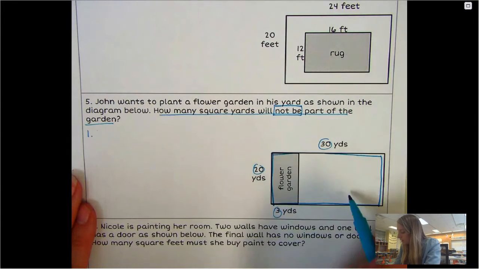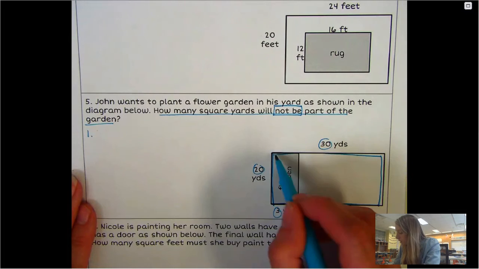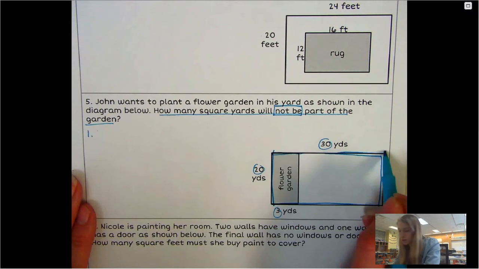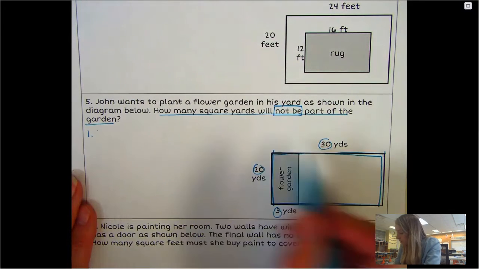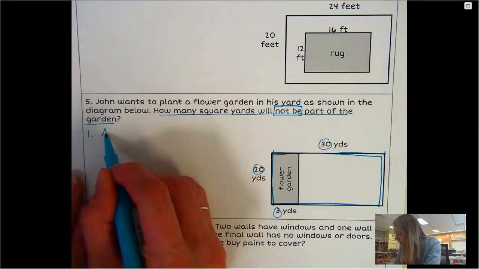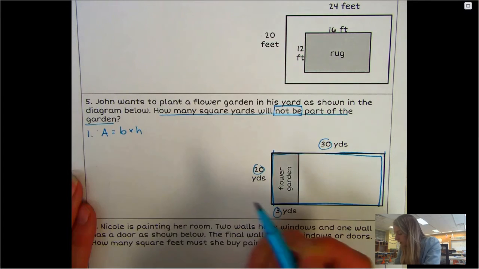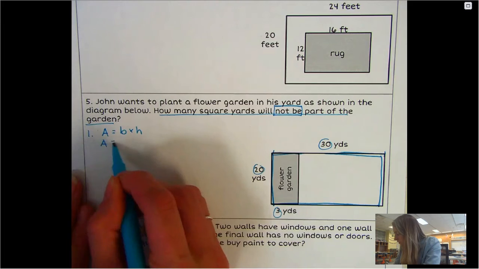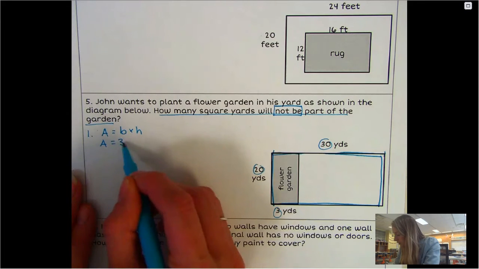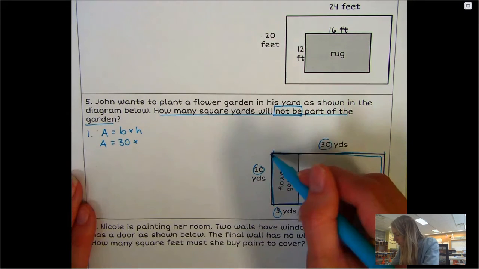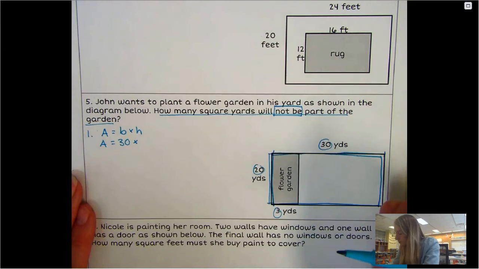So my base and height of this blue one, I can see that right here is my base, 30 yards. So to find the area, I do base times height. So my area is 30 times, and my height over here is 20.